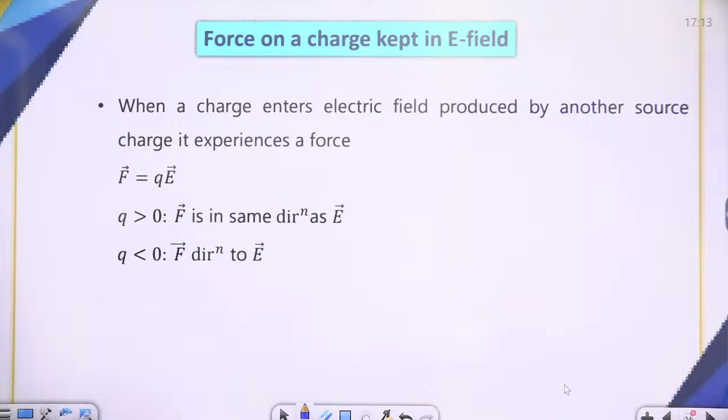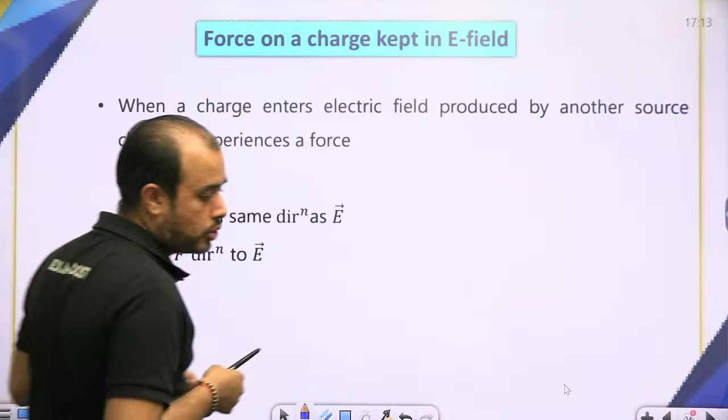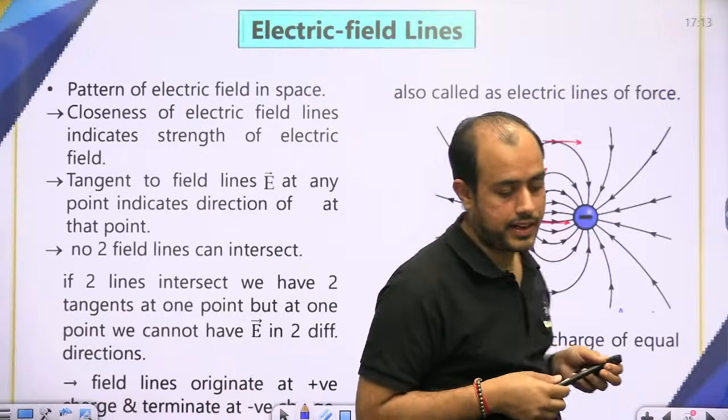If charge is negative, F vector and E vector will be opposite to each other. अगर चार्ज पॉजिटिव है तो पैरेलल आएंगे, नेगेटिव है तो अपोजिट आएंगे. ठीक है. So for a positive charge, the force is always parallel to the field. For a negative charge, force is always opposite to the field.